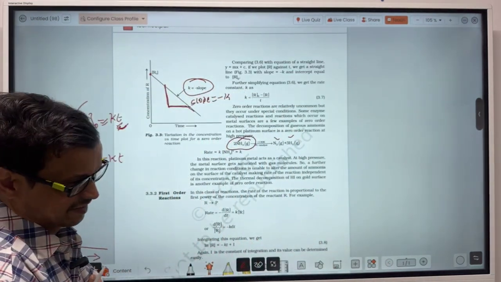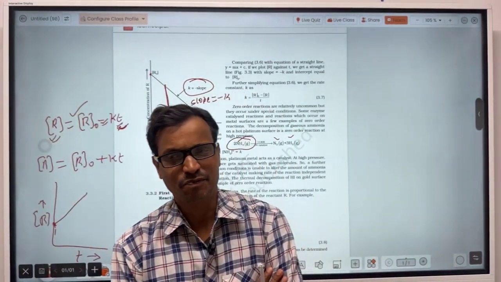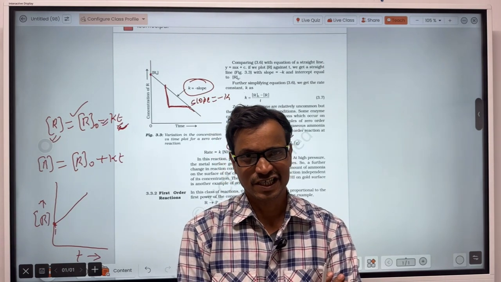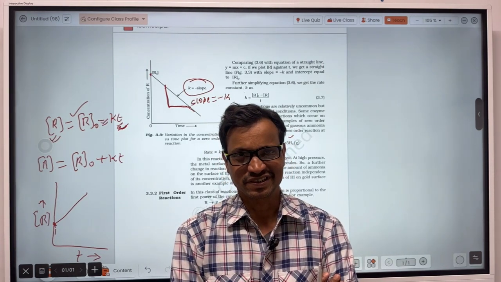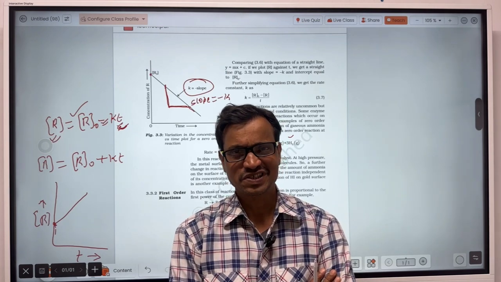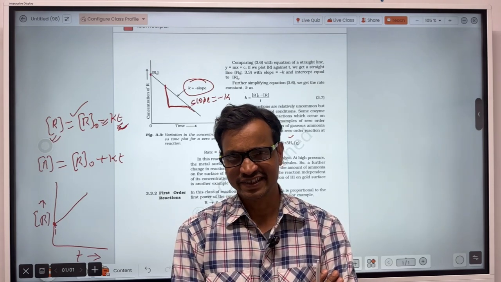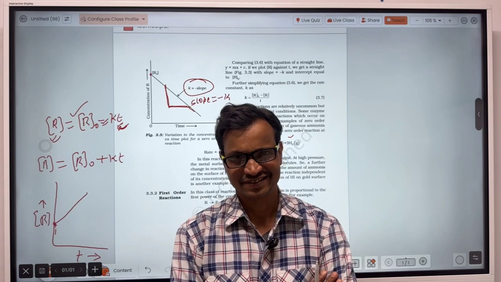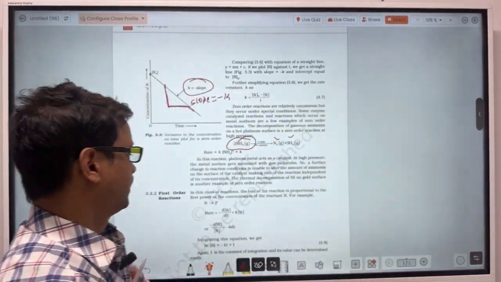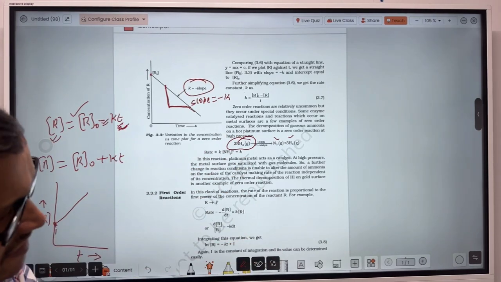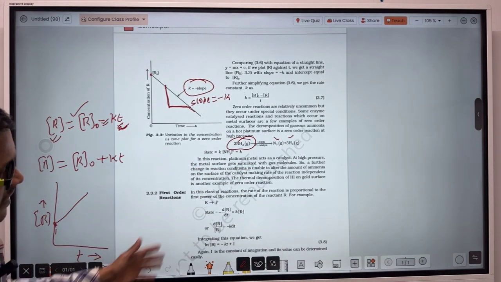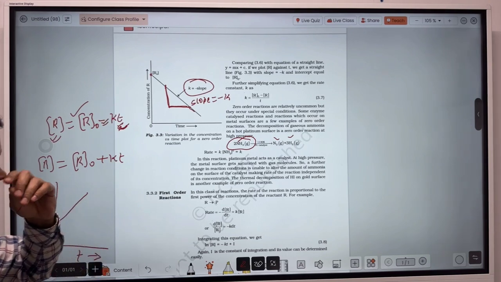As if we add water to a plant, that does not mean there will be more growth. We have to do the watering up to a certain limit only. After that, watering will be wastage or maybe harmful for the plants also. In the same way, if you increase the concentration of reactant, that does not mean there will be an increment in the rate of reaction.